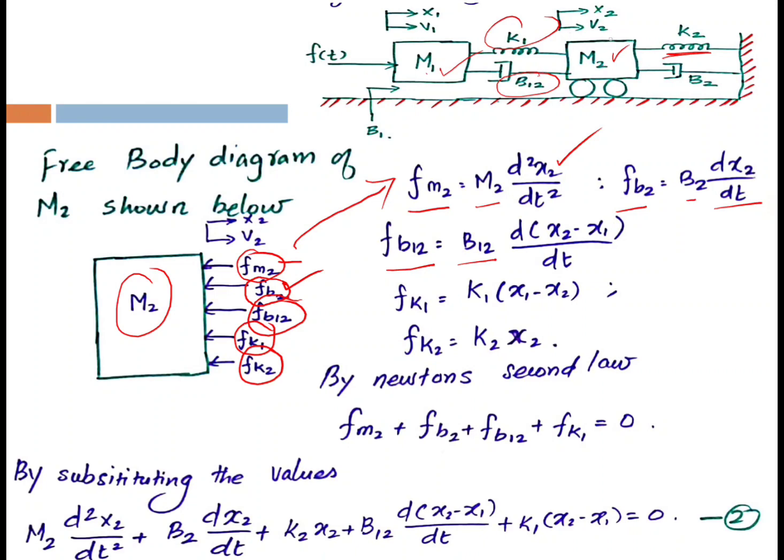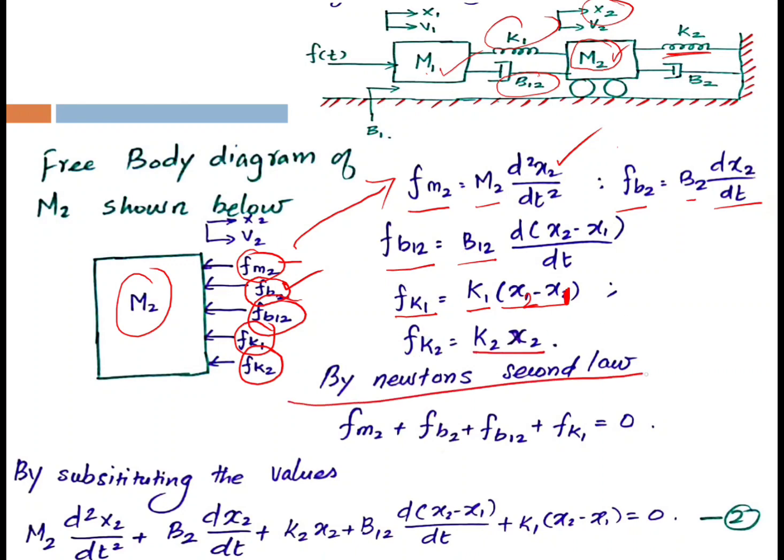Now we are considering mass element M2, so first we have to consider the second displacement, that is x2, and then subtract the first displacement, so x2 minus x1. Fk1 is common to M2 and M1, hence Fk1 is equal to K1 into x2 minus x1, and Fk2 is equal to K2 into x2.